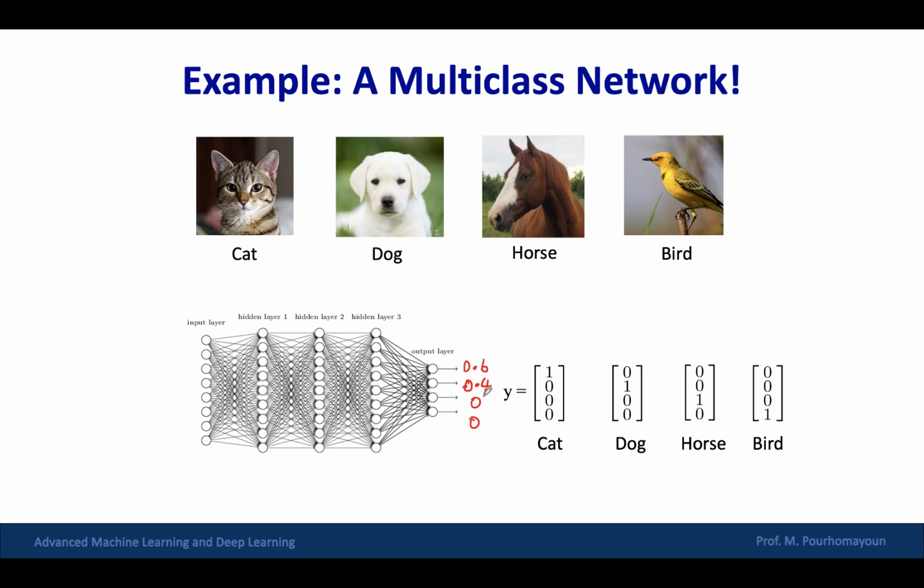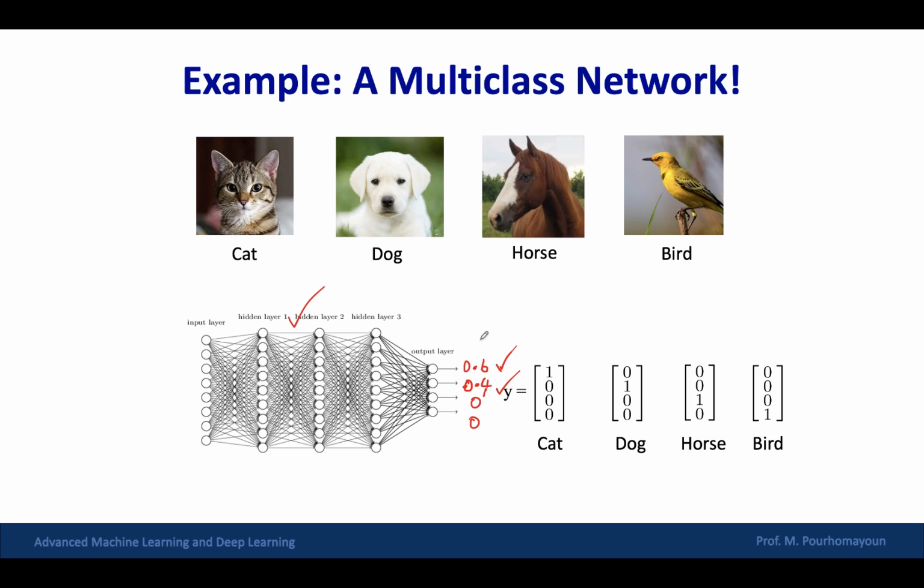It means that your neural network predicted that this object is a cat with a probability of 60% or a dog with a probability of 40%. Okay? So this is how it works.